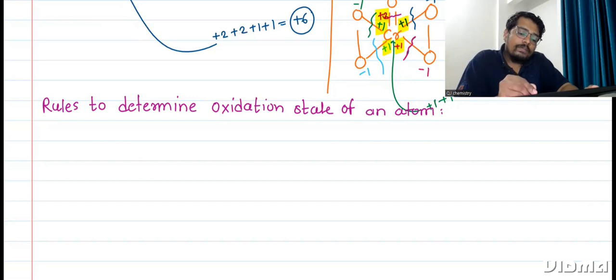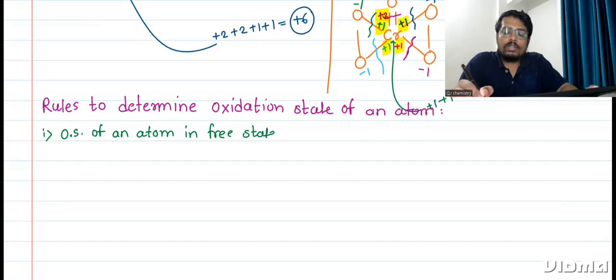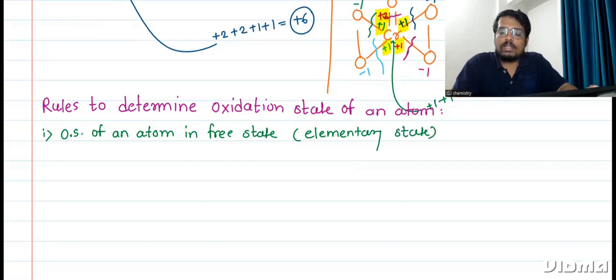Rule number one: the oxidation state of an atom in the free state, that is the elementary state, is equal to 0.